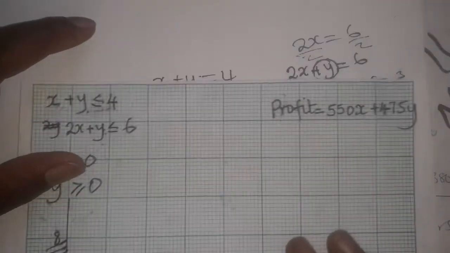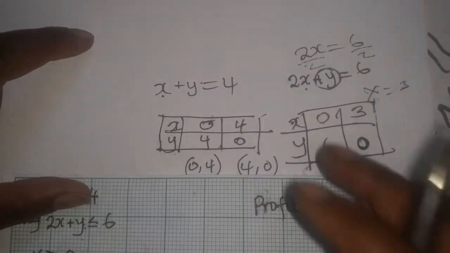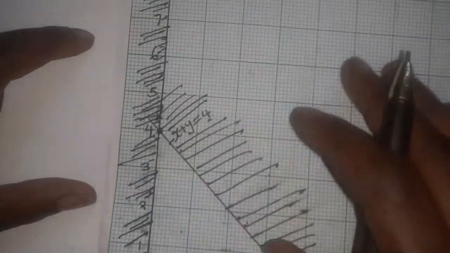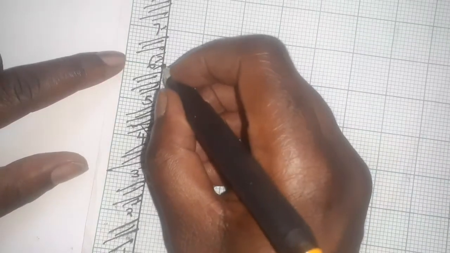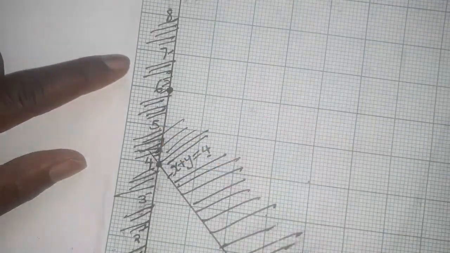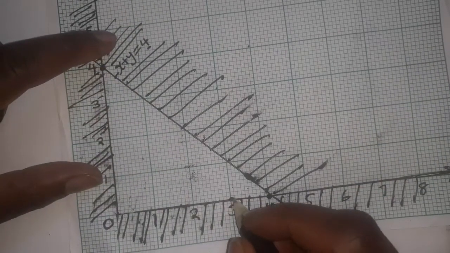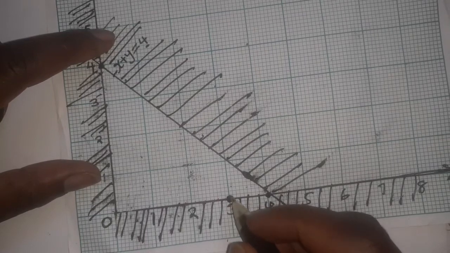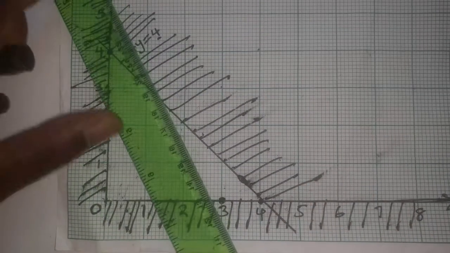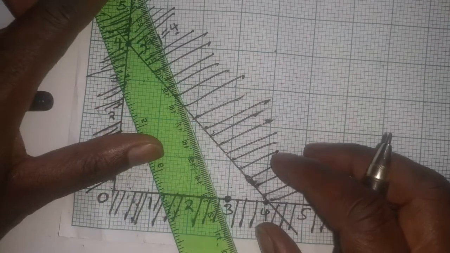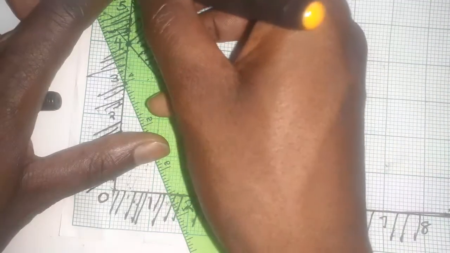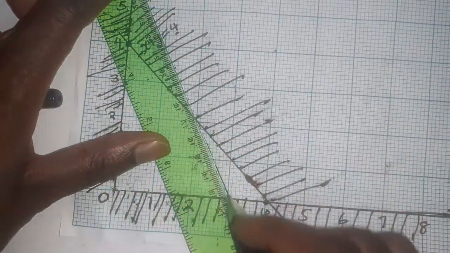So we can have those 2 points. The first one is 0, 6, this point here. The second one is 3, 0, this point here. So we need also to join these 2 points like this.